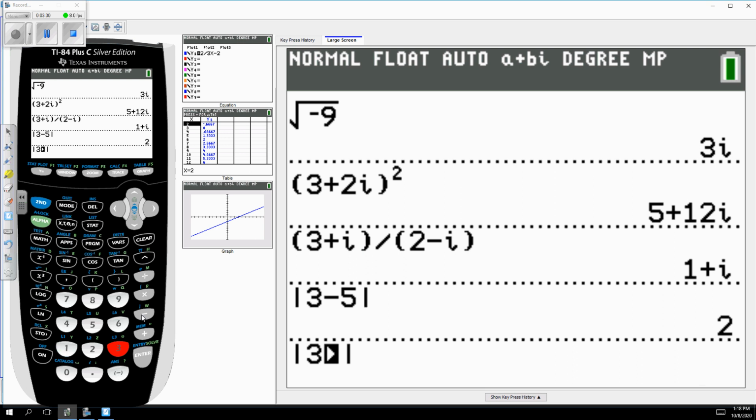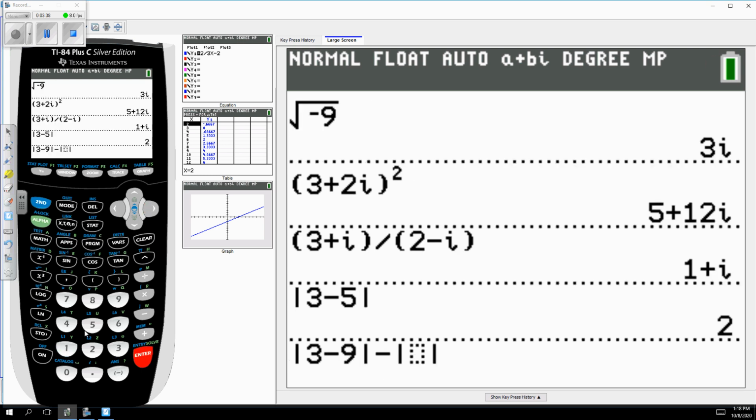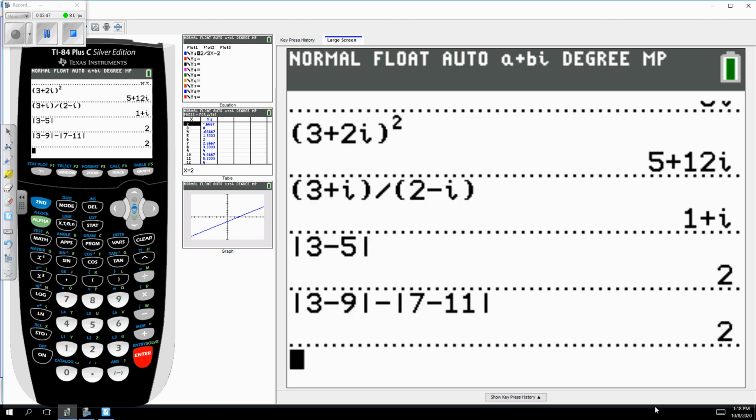So you might get a problem like this every now and again, where all you have to do is type it in. The absolute value of 3 minus 9 minus the absolute value of 7 minus 11. That's a problem on one of the practice tests.